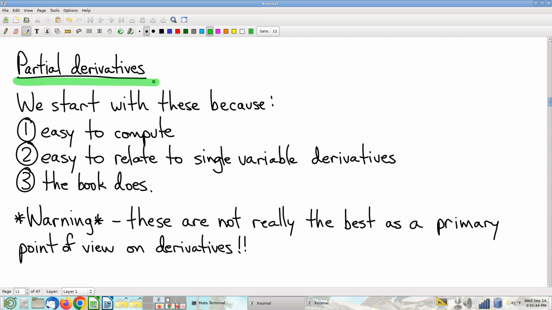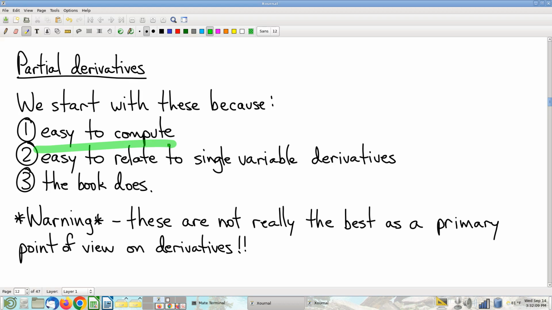Just a little bit of behind the scenes. It's honestly not my first choice of how to start talking about derivatives. I am going to, however, do it in this class partly because this is the choice the book makes, and I don't want to get too far off from the book's presentation. But there are good reasons. It's not a bad idea, but partial derivatives are really easy to compute.